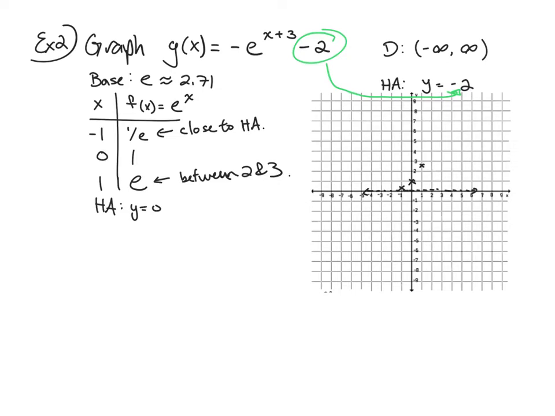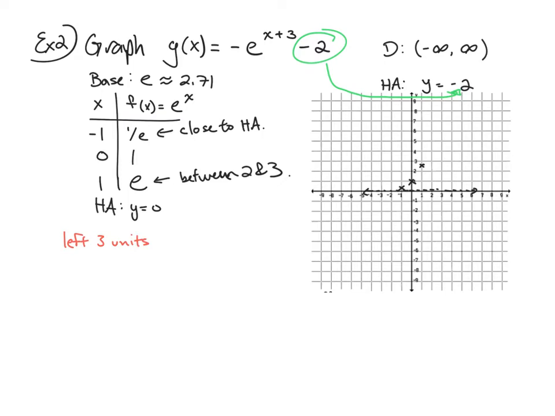Next, we need to list out the transformations. Here is our parent function. Again, it's just the base with the exponent x. What's added to this function up here? Well, we have a plus 3. That seems to be grouped up with x, so we know we will be shifting left 3 units. Left 3 units, all right.